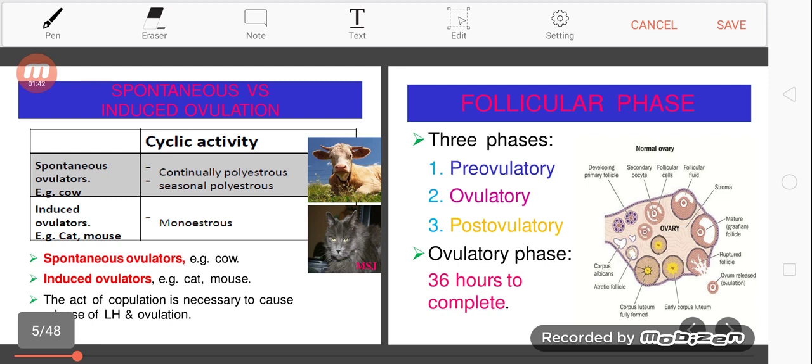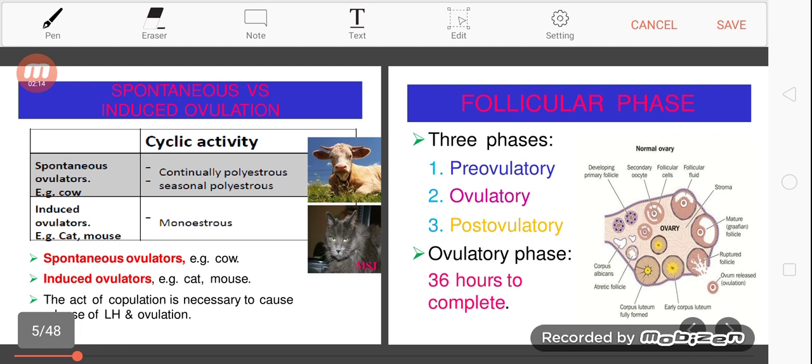Once entering the estrus phase, the act of copulation will stimulate the ovulation to occur. If this female cat has their estrous cycle, proestrus, estrus, and no copulation happens, the ovulation will not occur.